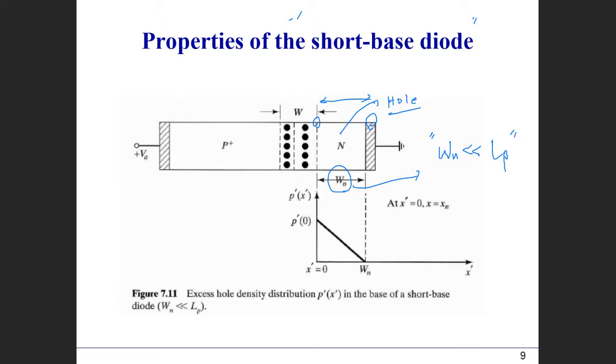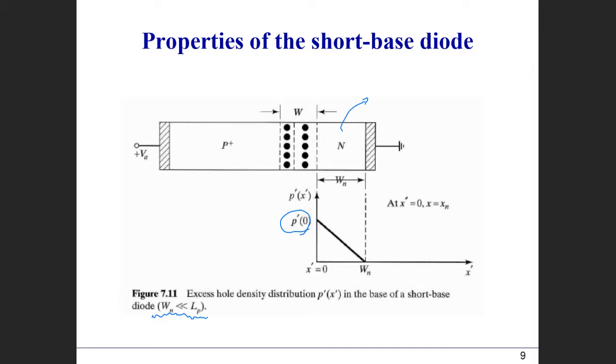Okay. So when you look at the short-base diode, in the previous class we discussed the minority carrier distribution, especially in this case, where WN is much smaller than LP. When you look at the minority carrier in the N side, the whole excess carrier distribution follows this kind of linear curve.